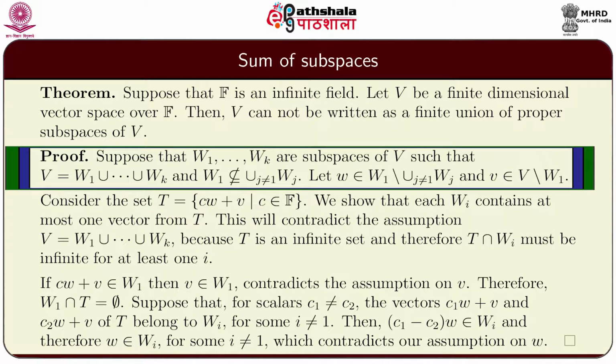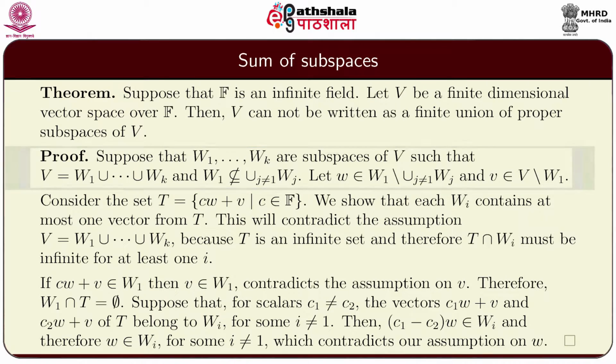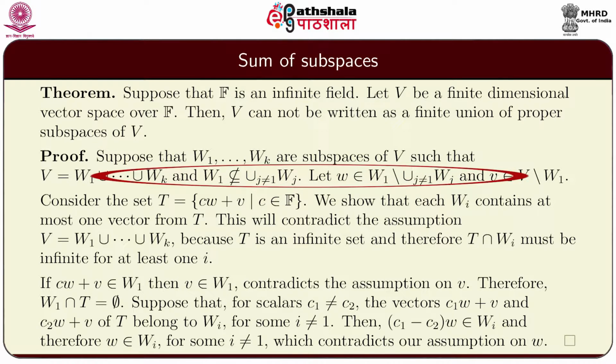Suppose that W1, W2 and so on up to Wk are subspaces of V such that V is the union of W1 and so on up to Wk. We can assume that W1 is not contained in the union of the other Wj's. That means W1 is not contained in the union of Wj, j not equal to 1.